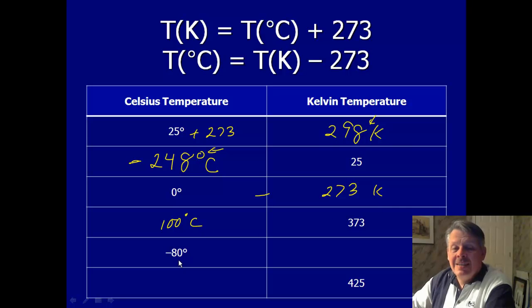If I have a negative 80 and I add 273, that's going to be 193 Kelvin. And if I take 425 and I subtract 273, I believe I get 152 degrees Celsius. All right, those are temperature conversions. You need to be able to do temperature conversions. You're going to be doing a lot of them in gas laws.